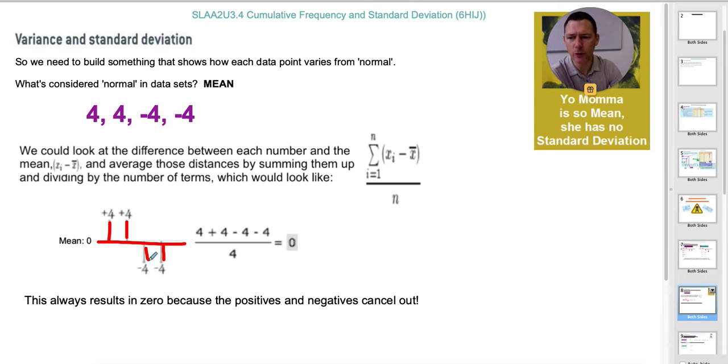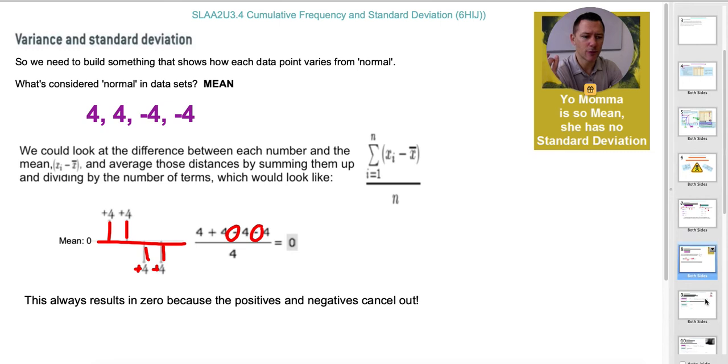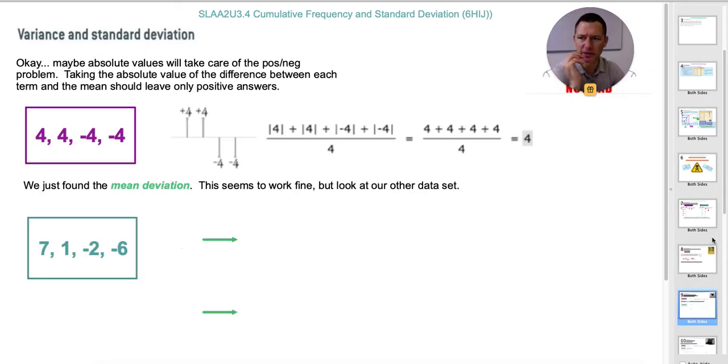So I don't really care that this is negative. I just want to say that this is 4 units away from the mean. And so removing those negatives sort of sounds like we could take the absolute value. And if you took the absolute value of the change, the absolute value of all of these is 4. And if you divide by 4, it's 4.